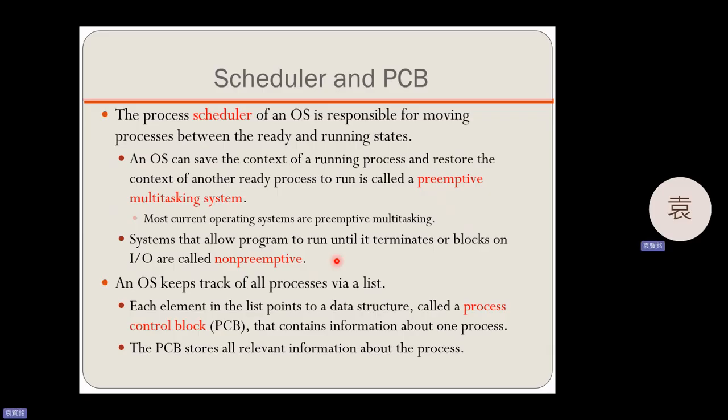But either preemptive or non-preemptive, to move a process out of the running state, the operating system will need to save the current context of that particular process, and then select a process from the ready list and restore that process's context into the CPU.